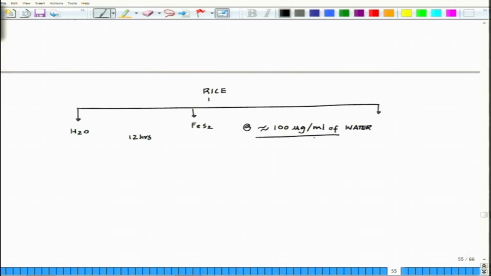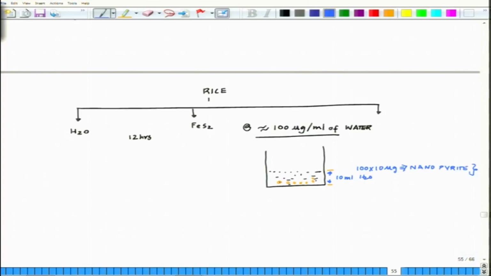So that essentially means, suppose for all the seeds whatever you are going to treat, if you have 10 ml of water, then that will contain 10 microgram of nano pyrite.